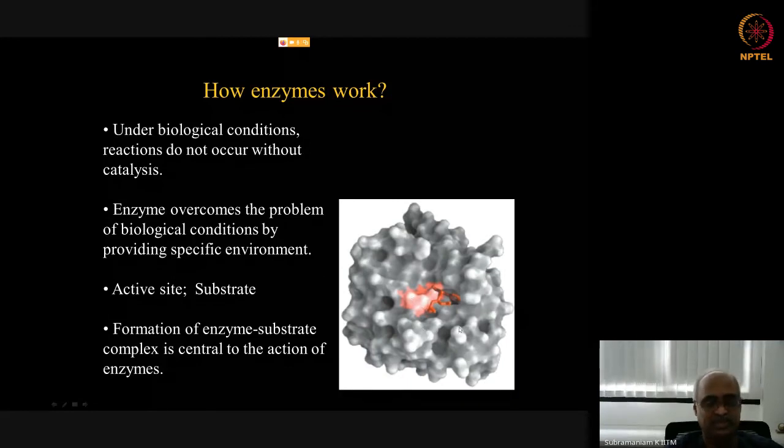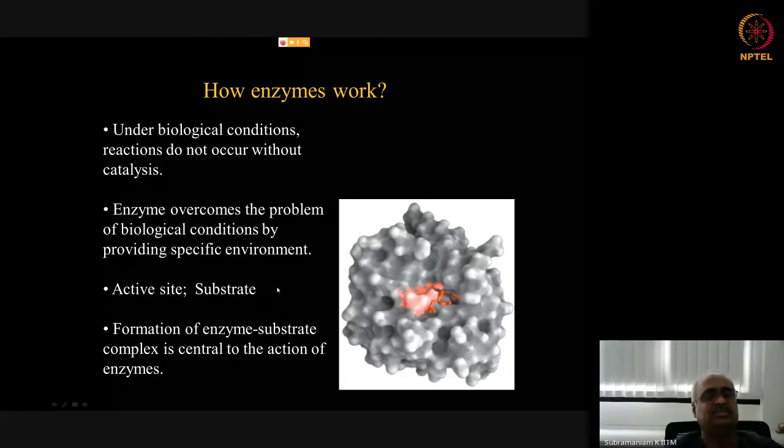That is the specific environment it provides, and an important term we need to know is the active site. The active site is the site of the enzyme molecule where the reaction actually happens.